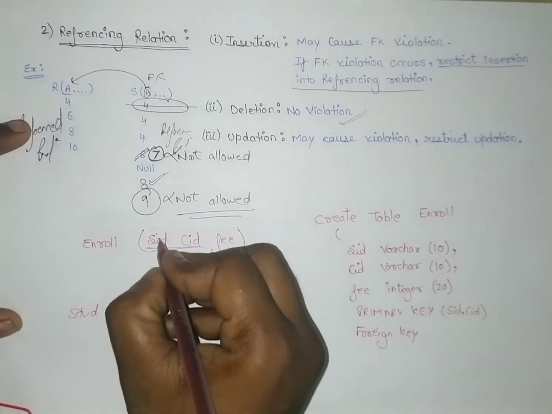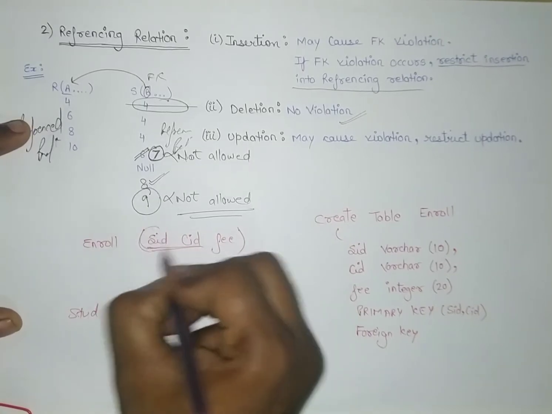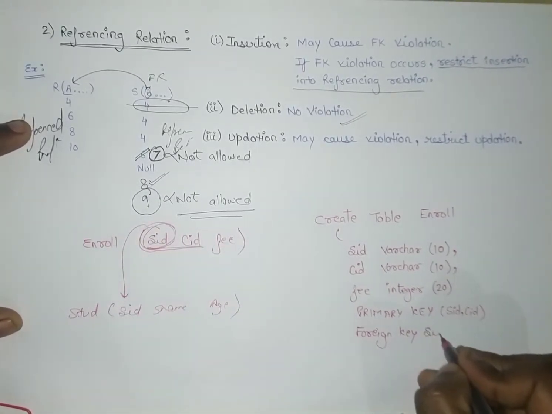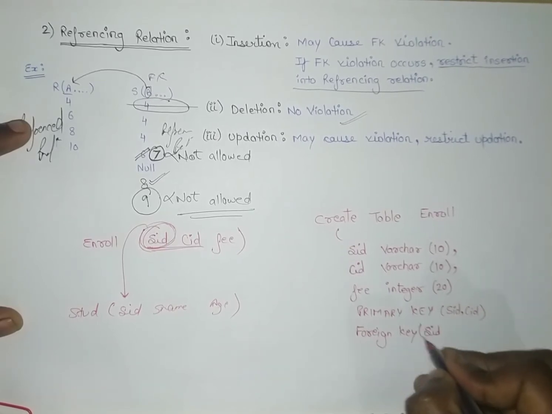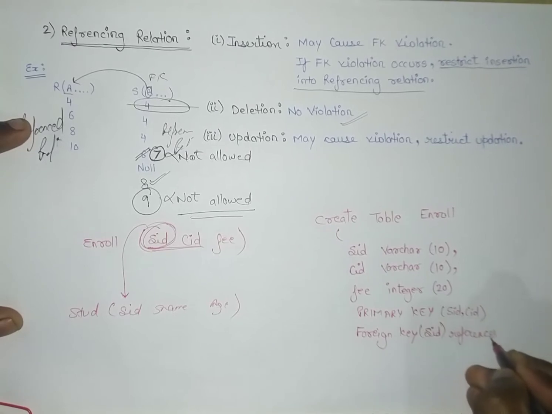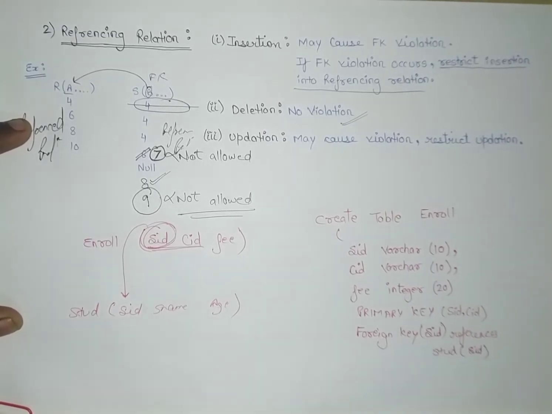The foreign key is this SID, which is referring to this value. So I can write foreign key SID references student table's SID. The meaning of this particular relation is that the foreign key SID is referencing the SID of the student table.